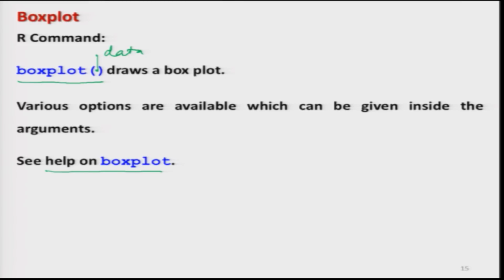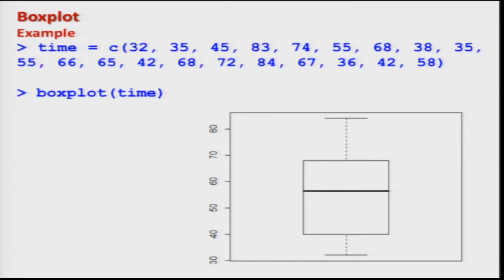You can make the legends, names, colors, shapes, etc. So, let me take the same example which I considered earlier. This is the same data set on time, and now I have created the box plot on this time. So, you can see this upper value is going to give me the maximum value of this time, and which is here 84.